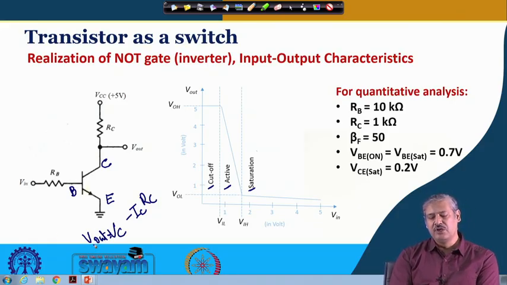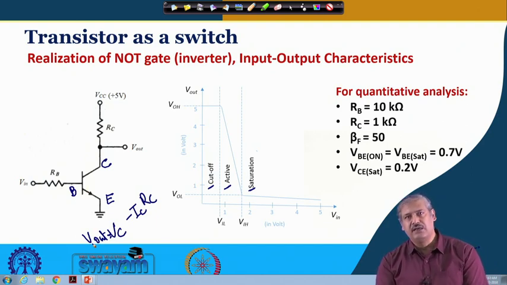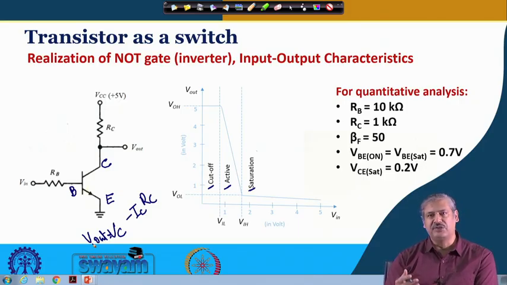Is it clear? We would like to do some quantitative analysis, and we shall keep it very simple for our understanding of the way a digital circuit works. We shall keep RB at 10 kilo ohm, so it will help.